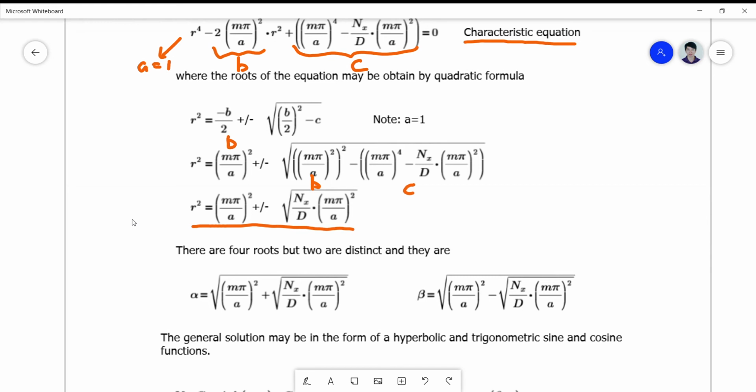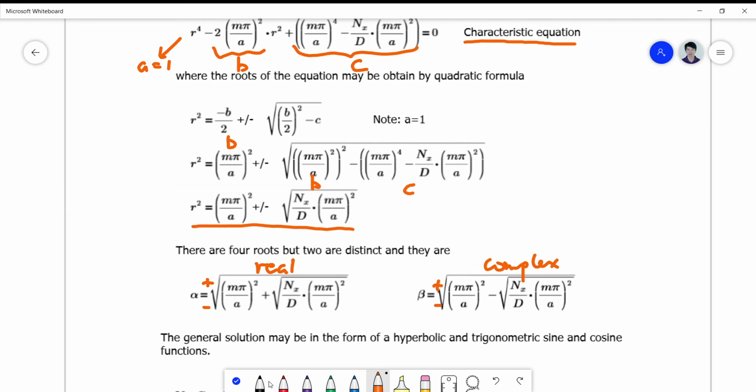Two are actually distinct, and they are simply this one here. These are distinct roots in the sense that you have a possible real root here and a possible complex root here. Because of that negative sign, and this is simply a plus or minus value there, and this is a plus or minus value.